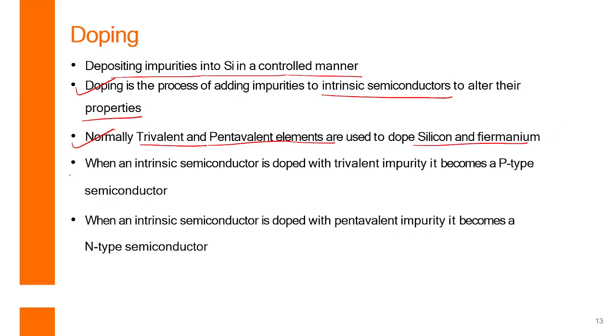When you dope with trivalent impurities, you get a p-type semiconductor. Trivalent impurities are boron, aluminum, gallium, and indium. Pentavalent impurities are phosphorus, arsenic, antimony, and bismuth, which give an n-type material.